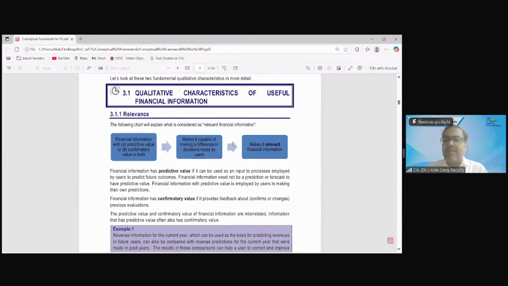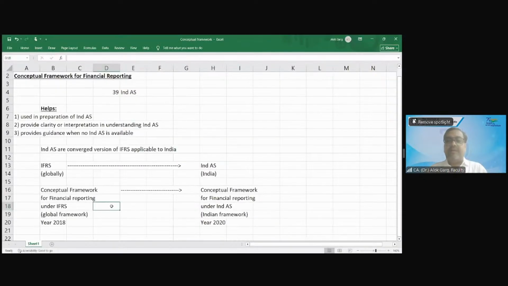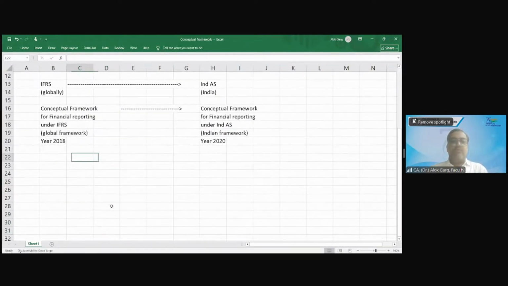What are the fundamental characteristics? The first fundamental characteristic is relevance. Okay. So qualitative characteristics of useful financial information.